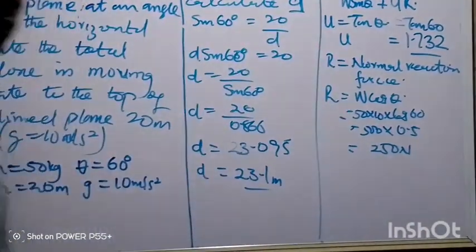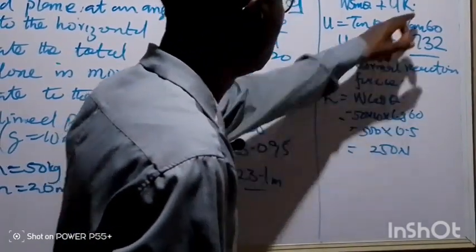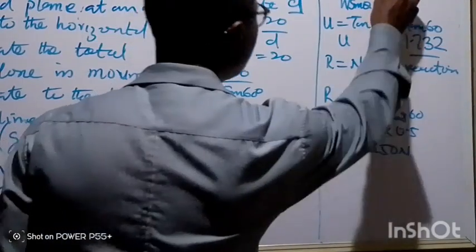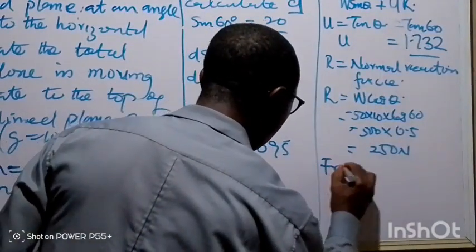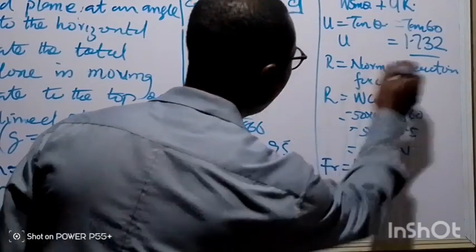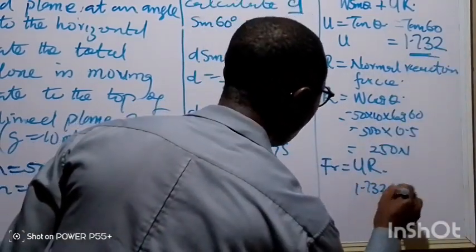Having known the value of the coefficient of friction, mu, and the normal reaction, R, the frictional force, Fr, will be equal to mu R. That is 1.732 multiplied by 250.